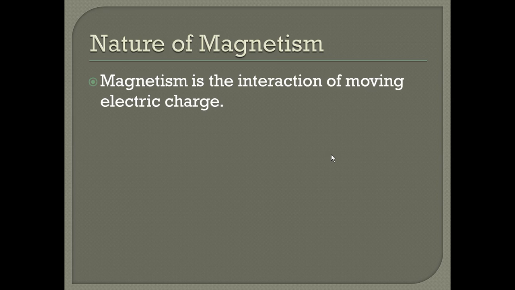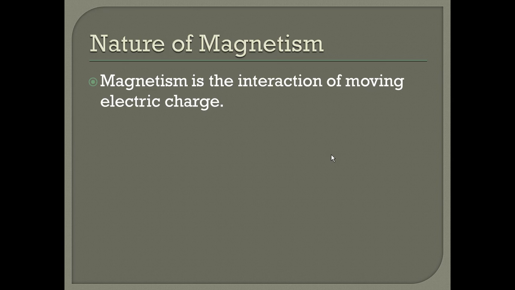Now, for this topic we have another type of interaction, but this time the interaction happens between electric charges that are moving. Okay, so this type of interaction basically adds to the type of interaction that happens when charges are at rest with respect to each other.